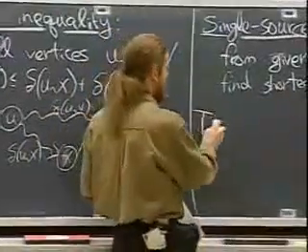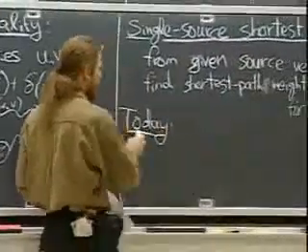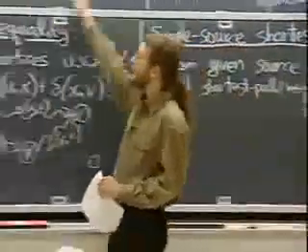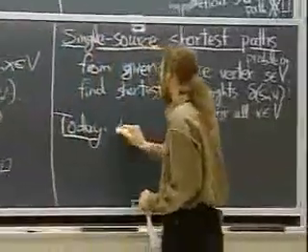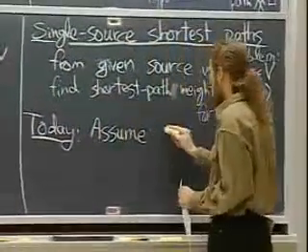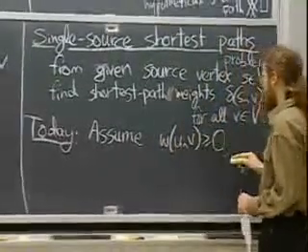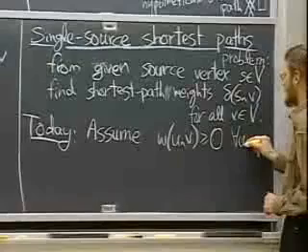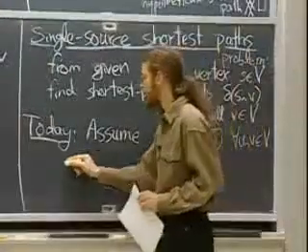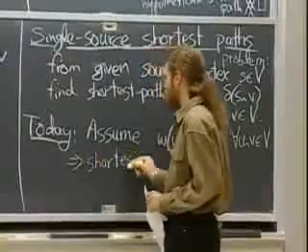Today we're going to look at a further restriction on this problem because this is a bit tricky. We'll solve it next class. But today we're going to get rid of the negative weight cycle issue by forbidding negative weights. So we're going to assume that all of the edge weights are non-negative, for all vertices U and V. So in particular, shortest paths exist, provided paths exist.